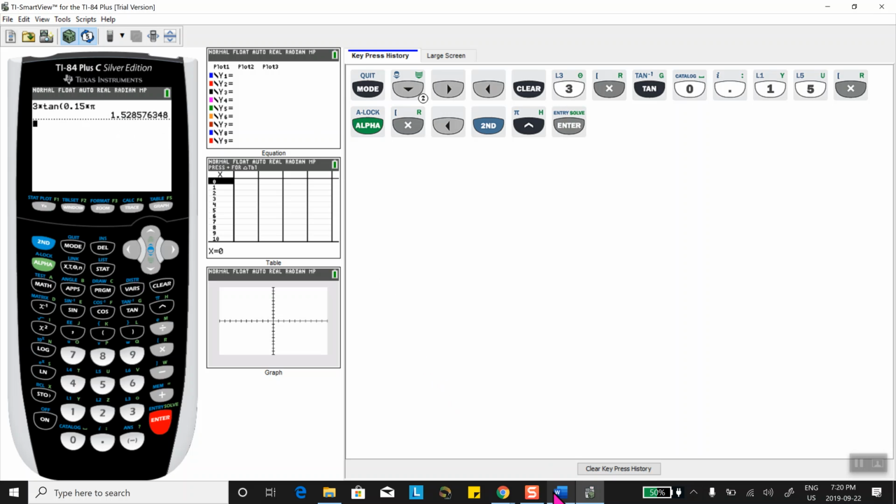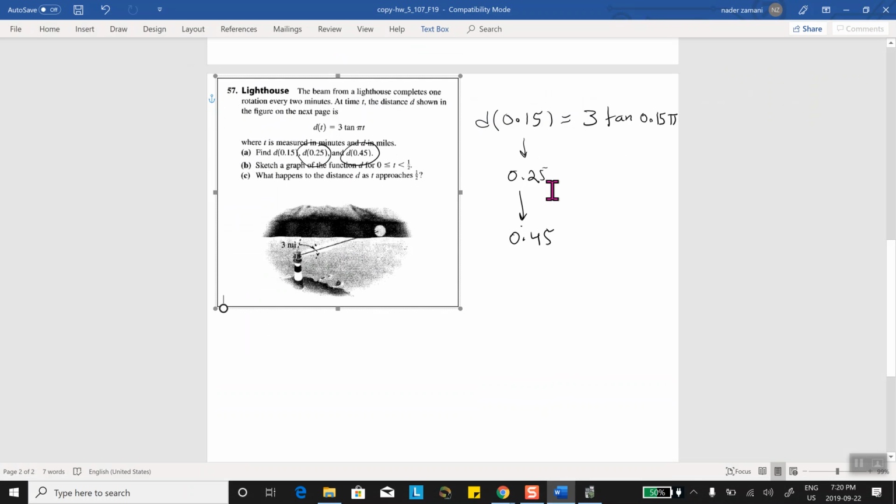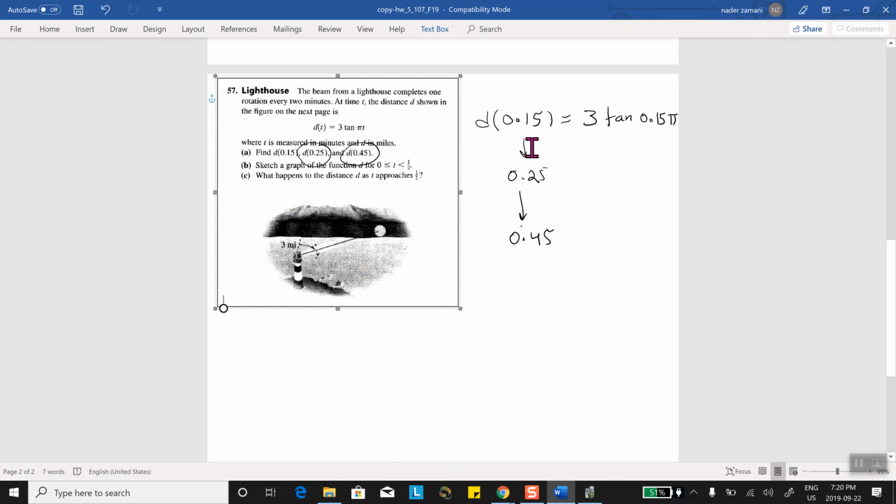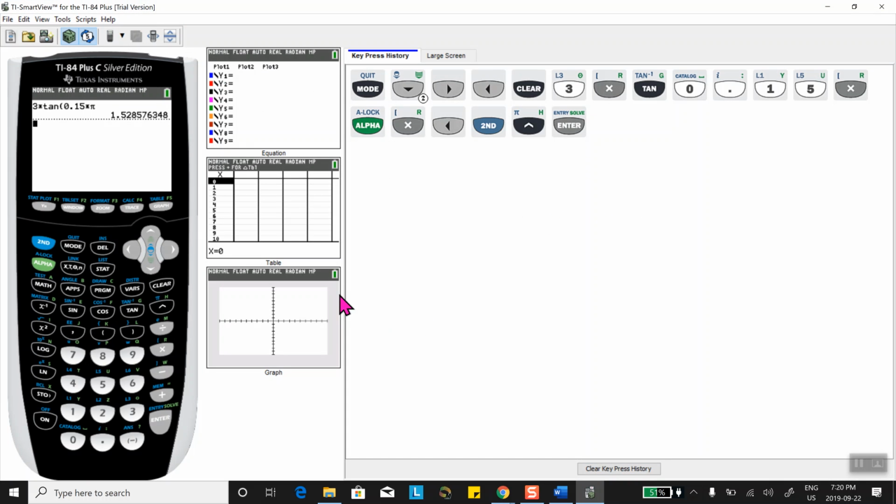1.528. So the answer to this first one is 1.528. Okay, let's go to the other one. The only difference is that instead of 0.15, it is 0.25. I don't think I can repeat it, so I may have to type this again.